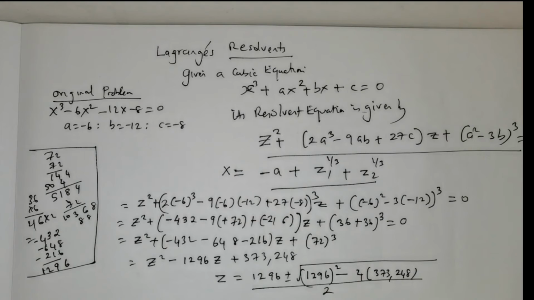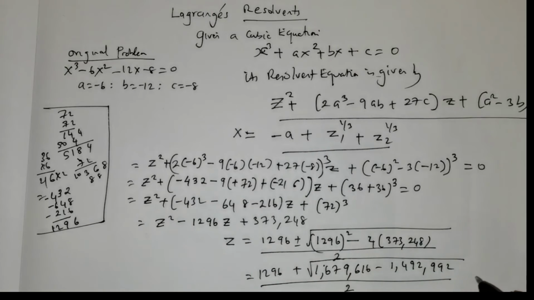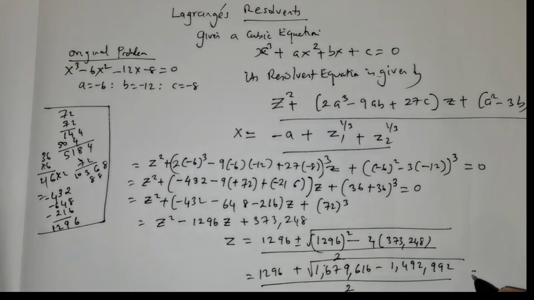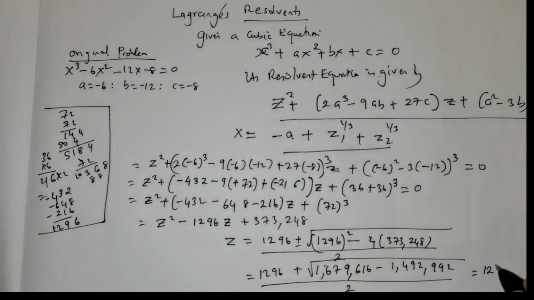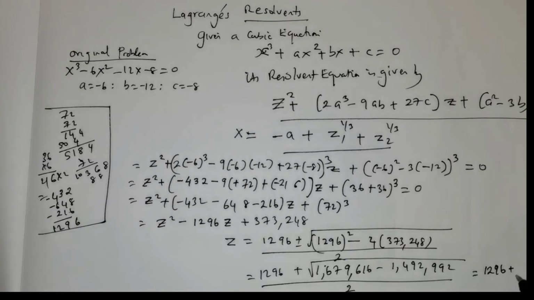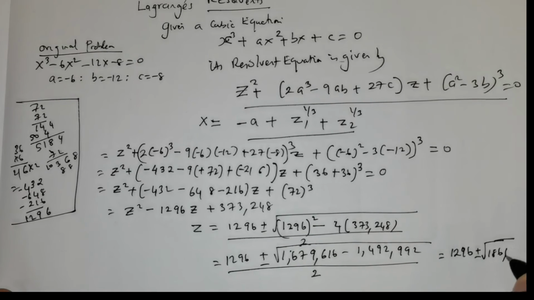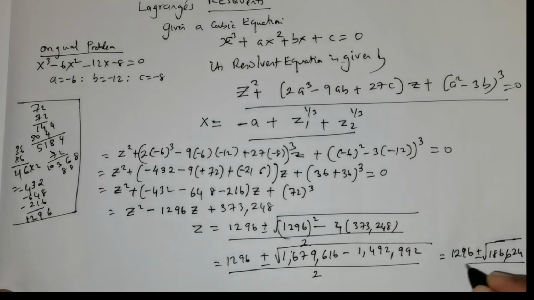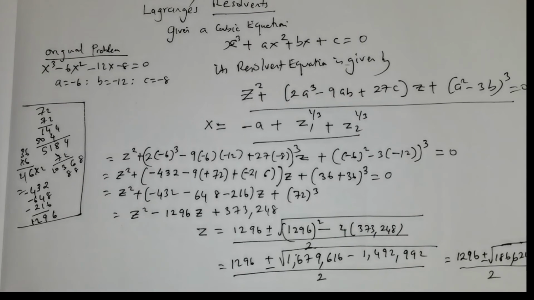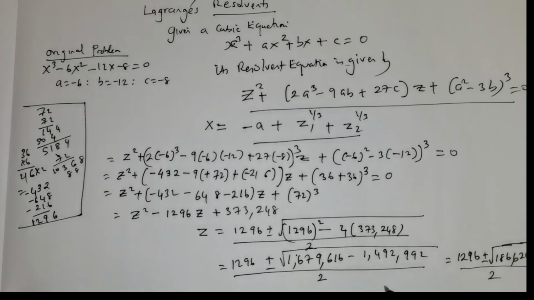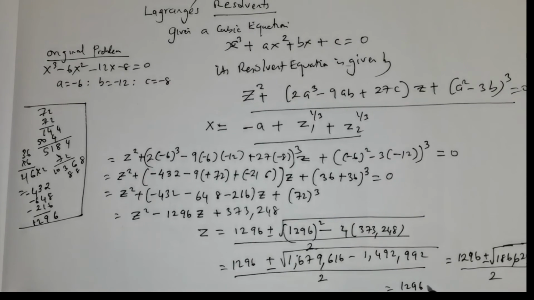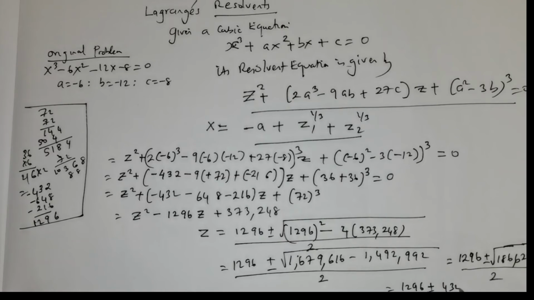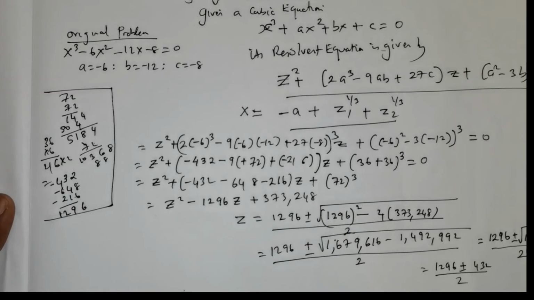So let me use my calculator. This is equal to 1296 plus or minus square root of 186624, divided by 2. And this one is going to be giving us plus or minus 432, divided by 2.